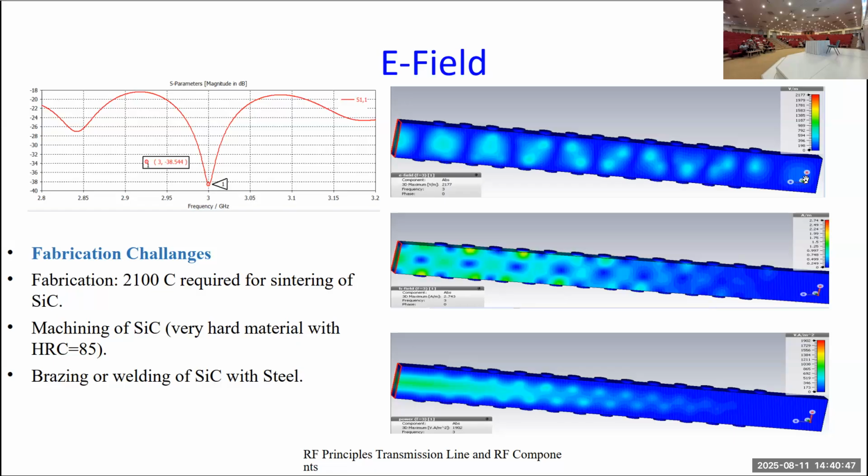Power is slowly absorbed, and then it is almost zero. And if somehow it is reflected back, it is again absorbed. Similarly, the magnetic field is shown, and in the lower figure, the power is shown.